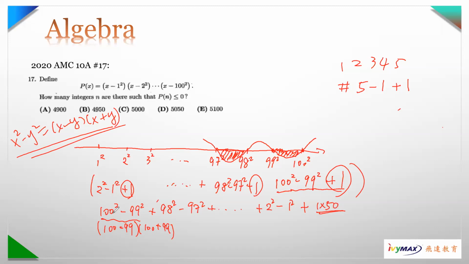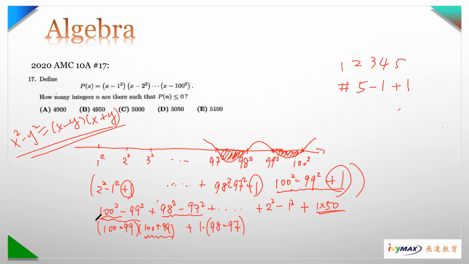So the first group can be rewritten directly as 100 plus 99, because the difference between 100 and 99 is just 1. The second one, I can use the same technique to rewrite as 1 times 98 plus 97.